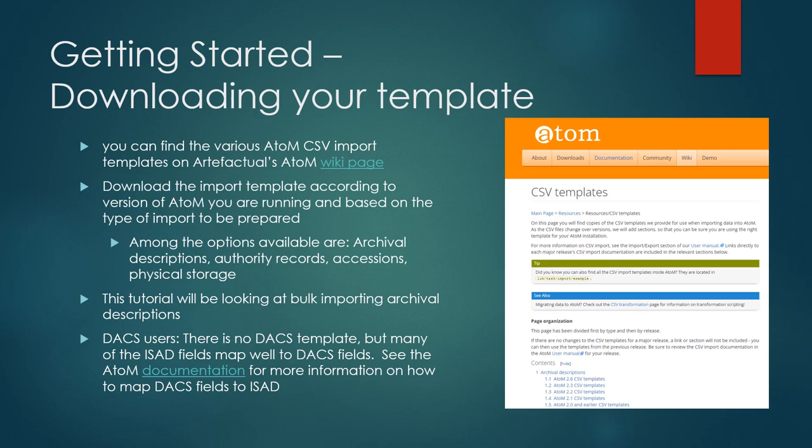So depending on what environment you're working in, you want to download the one that's more appropriate to how you approach archival description and the standards that you use. Just as a note for DACS users, there's no DACS template, but many of the ISAD fields map well to DACS fields. There's also a documentation page through AtoM that you can look at for more information on how to map DACS fields to the ISAD fields.